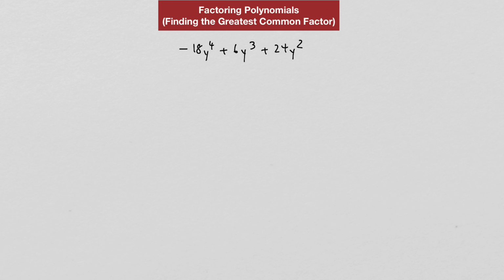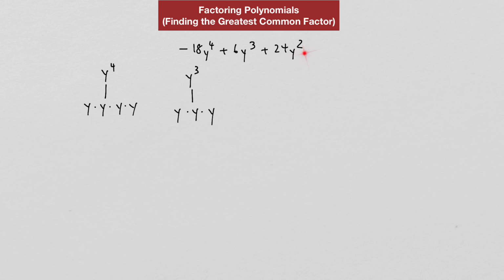So in looking at the first variable, we see that it is y to the 4th. And so y to the 4th breaks down to y times y times y times y, or 4 y's. And then the next variable is y cubed, and y cubed breaks down to y times y times y, or 3 y's.